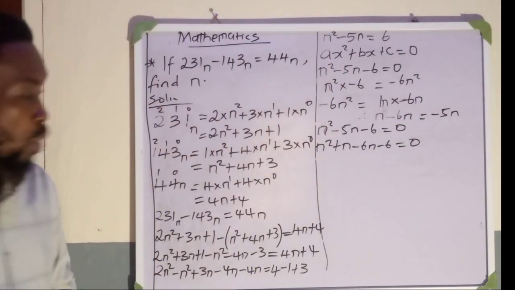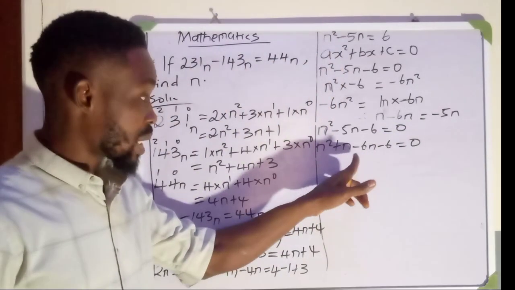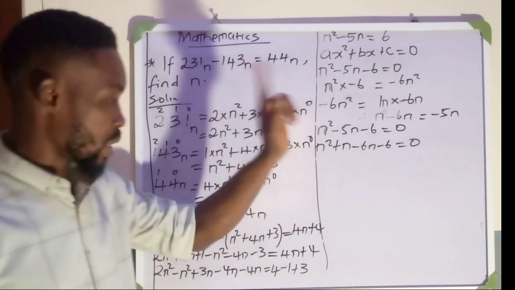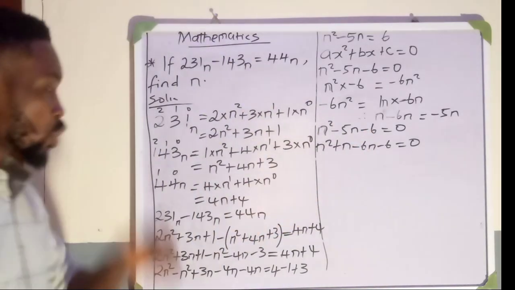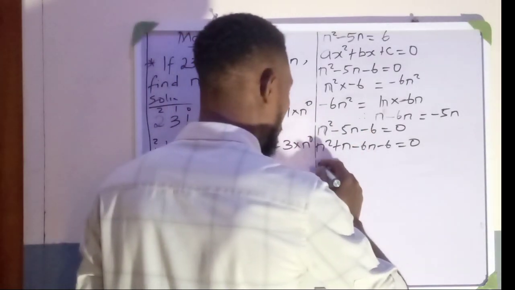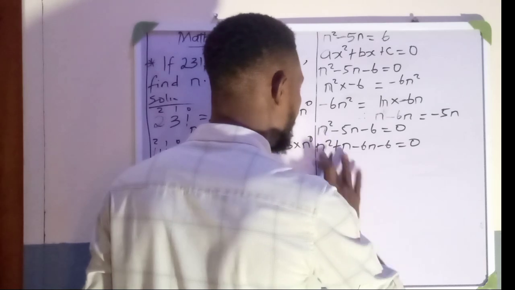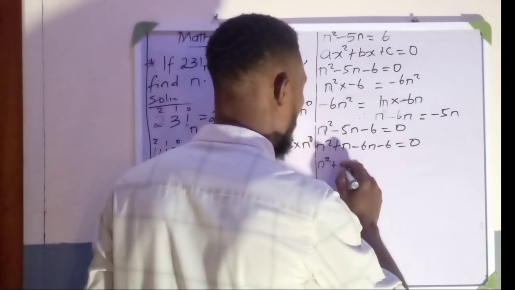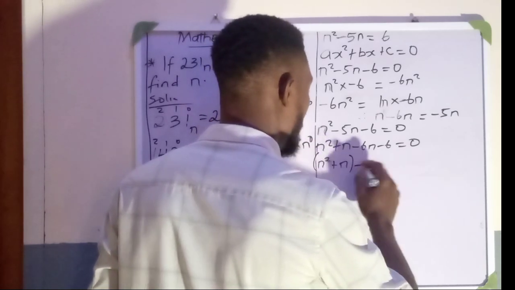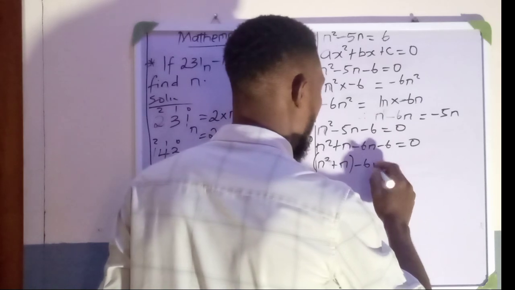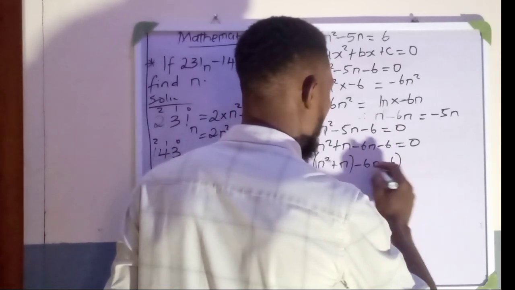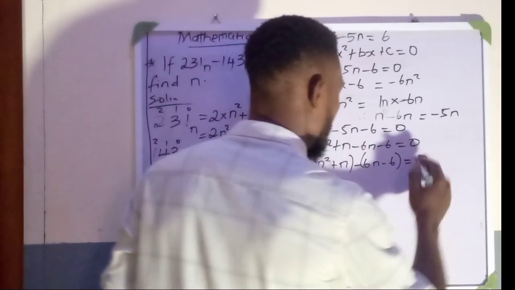You agree with me that plus n minus 6n is equal to minus 5n. So grouping this into 2, we have n squared plus n in one group, minus 6n minus 6 in the other group, and everything is equal to 0.